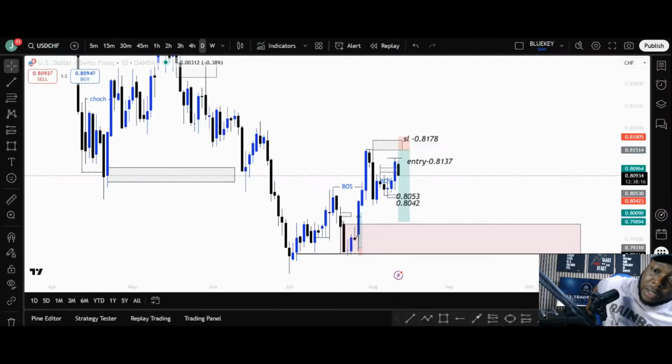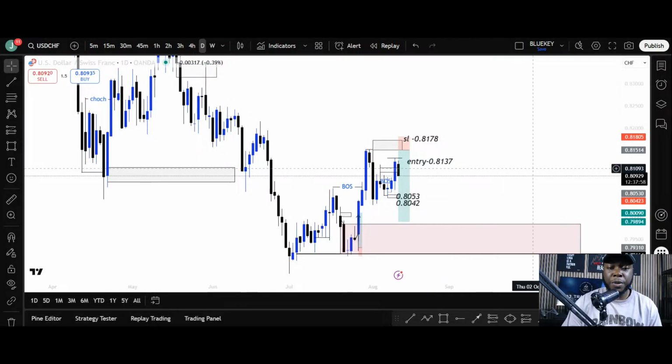Please let me know in the comment if you can see my screen. I'm currently on USD CHF. All right, thank you for that confirmation.